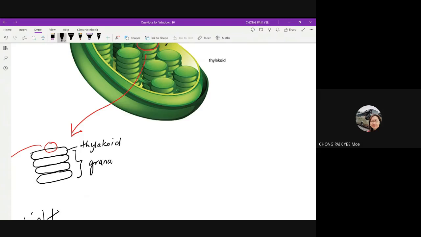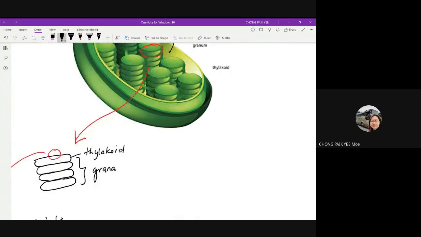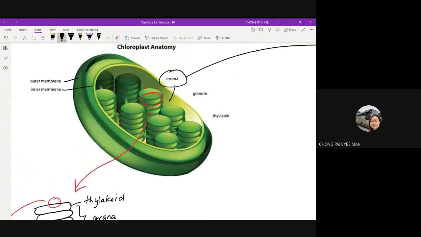So grana means stacks of thylakoid. And this thylakoid has a membrane. In this membrane, there are components which carry out the whole mechanism of photosynthesis, which is the light-dependent one.